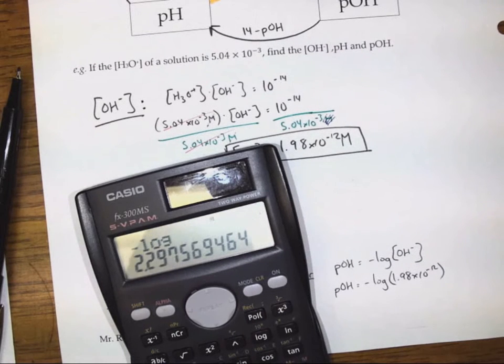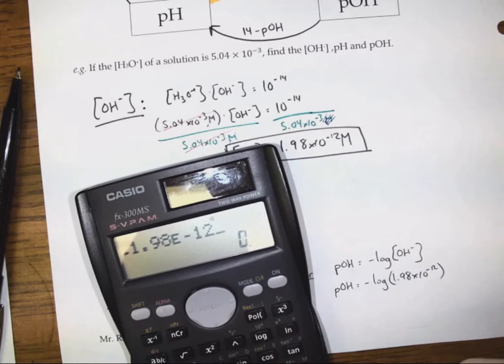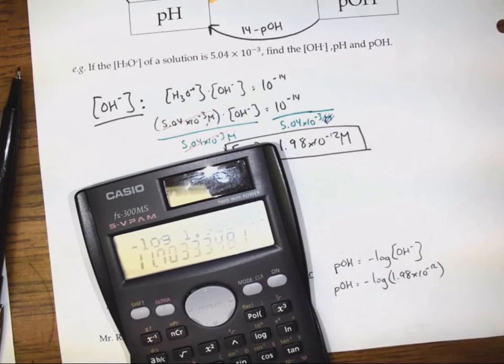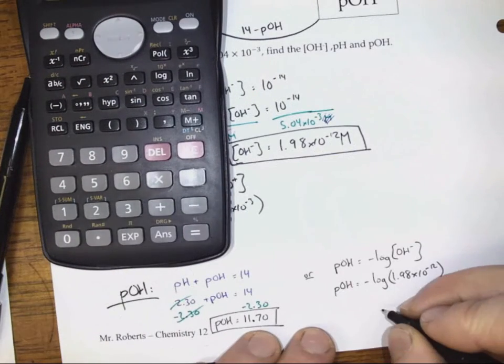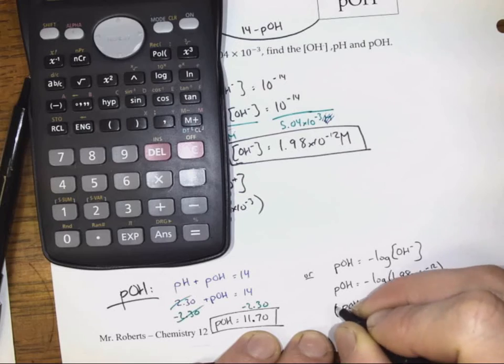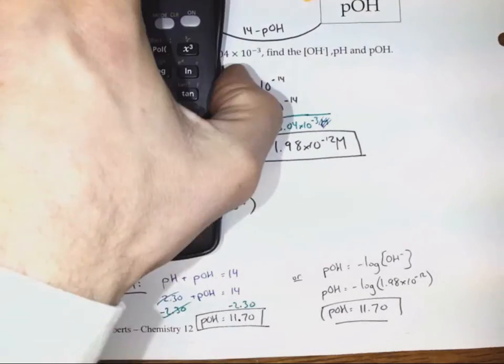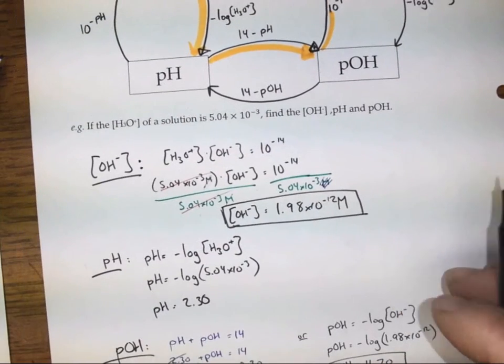Negative logarithm of 1.98 times 10 to the negative 12. 11.70. Hey, look at that. It's the same number. So the pOH equals 11.70. All right, that's good that they agree. I was expecting to be a little bit off in the decimals, but it looks like things worked out okay.